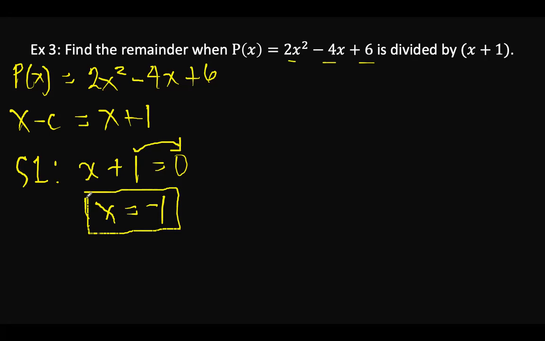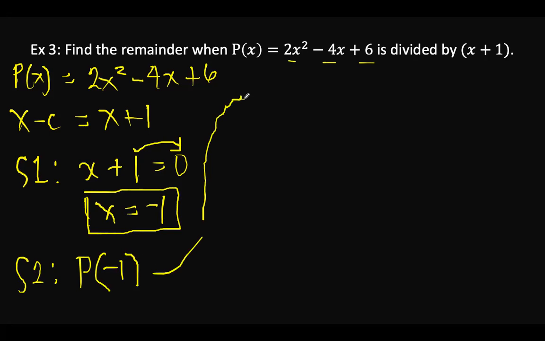And negative 1 is our c. Siya yung i-substitute natin sa x ni p. So we're going to solve for p of negative 1 instead of p of x. Okay? And paano nga natin kinukuha si p of negative 1? Sinasubstitute natin si negative 1 sa lahat ng x ni p.